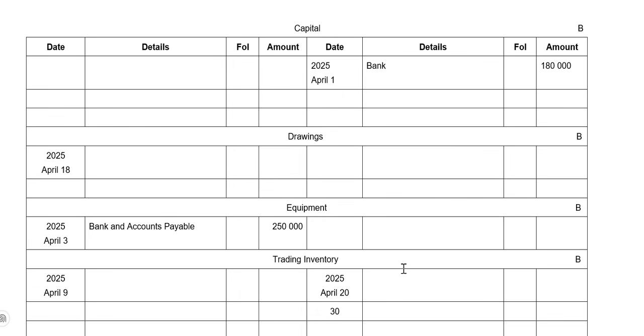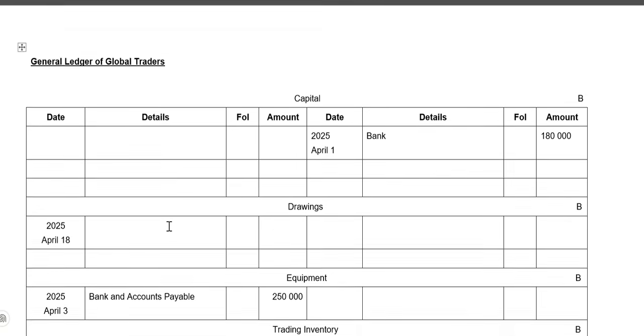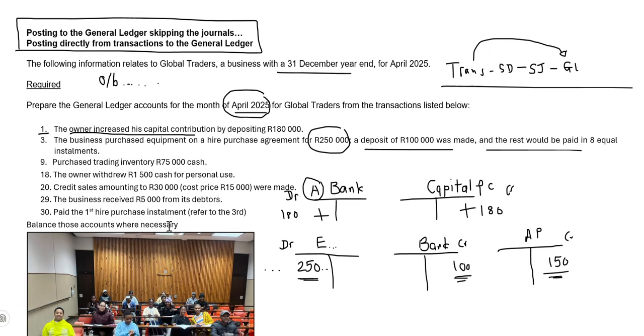Equipment went up by 250,000. Increase in assets, debit. Under details, the name of both accounts. You can do this separately. You could have had bank 100,000 and accounts payable 150,000, but I just grouped it together. You can do it separately. Let's move on. Right, next one.